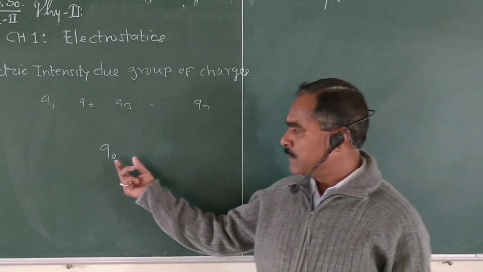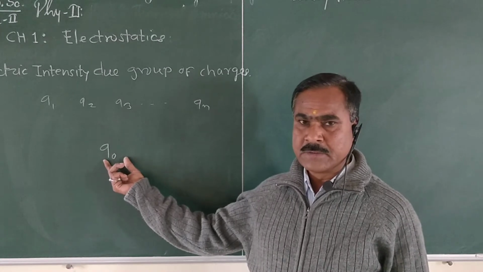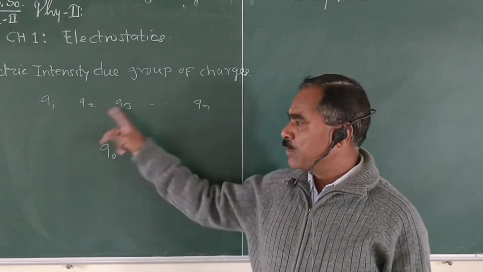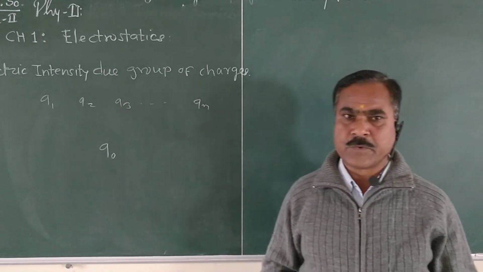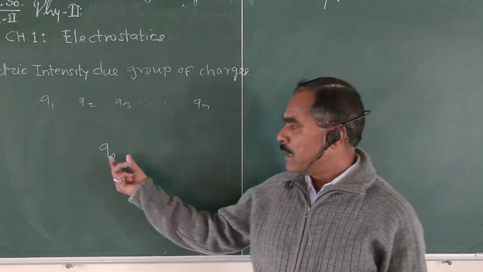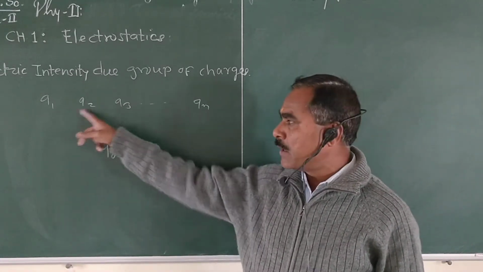So if we consider a charge Q naught, here we have to calculate the electric intensity due to all other charges. For that, first we consider the net force acting on charge Q naught due to all these other charges.